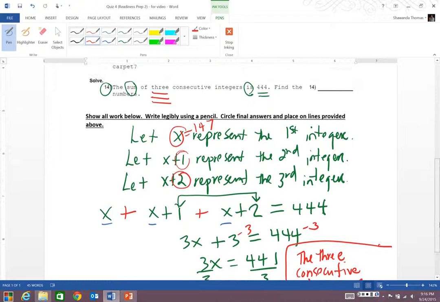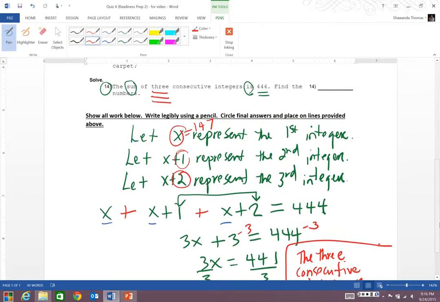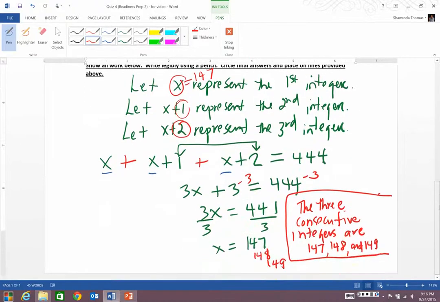Well, according to this problem, the sum of the three consecutive integers should add up to 444. What you could do is, in your calculator, add up 147, 148, and 149 to ensure that this sums up to 444.